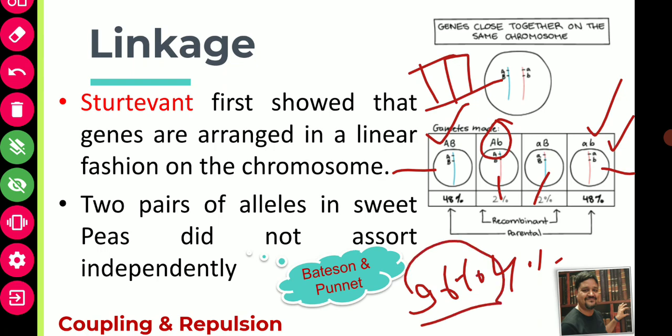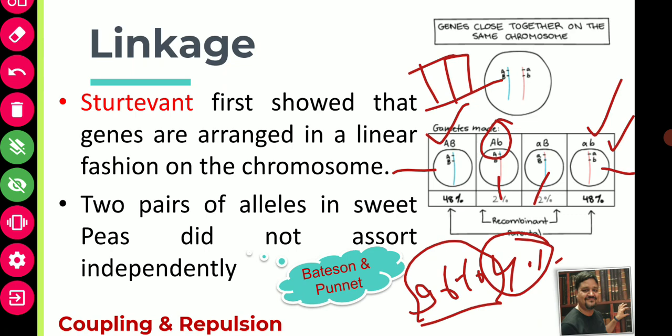So this is the third condition where alleles are closely located and they will not form gametes in equal proportion. That means these two genes are not assorting independently. If they are not assorting independently, that means they are linked.